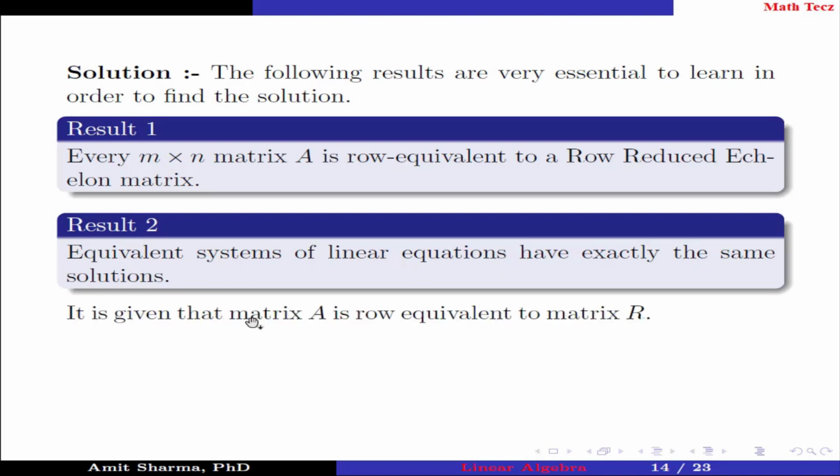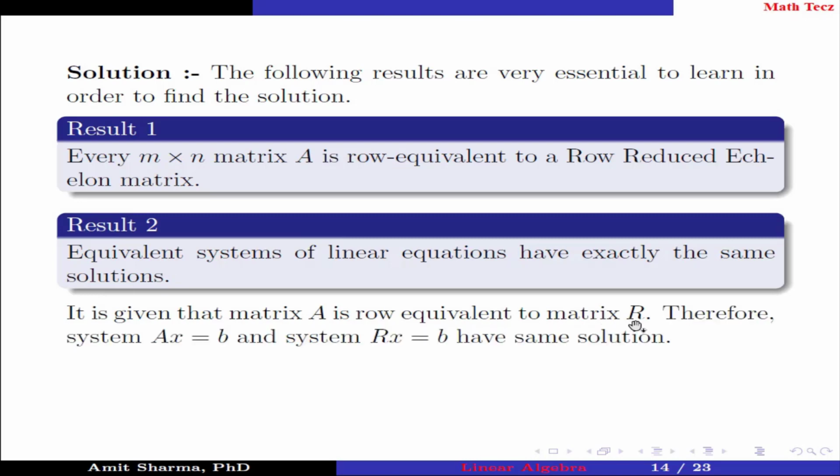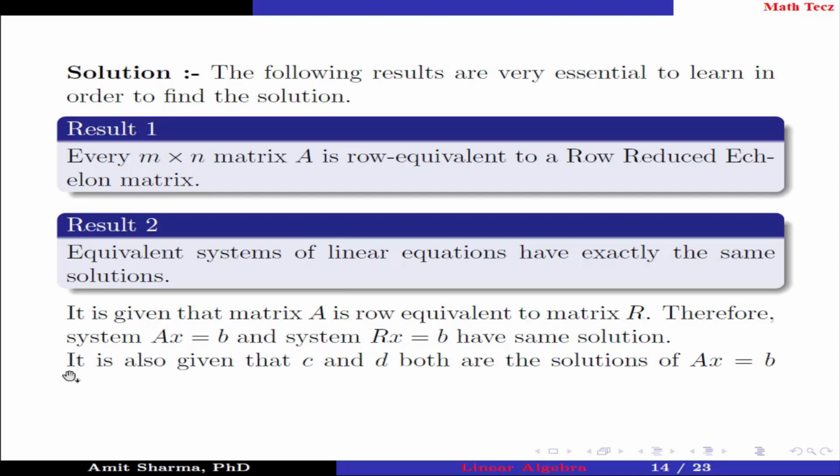It is given that matrix A is row equivalent to matrix R. Therefore, the system AX equal to B and the system RX equal to B have the same solutions. It is also given that C and D both are solutions of AX equal to B, which implies C and D both are solutions of RX equal to B.